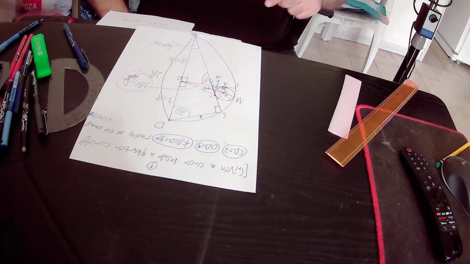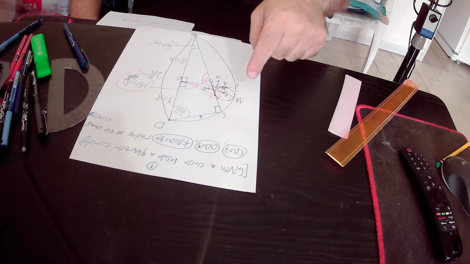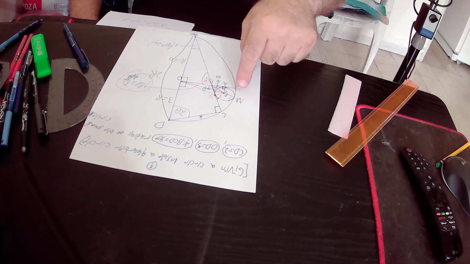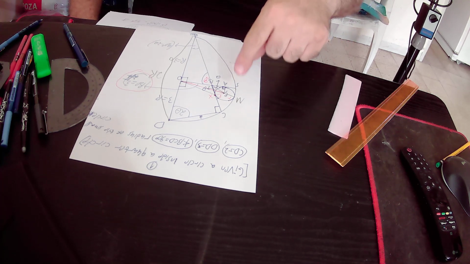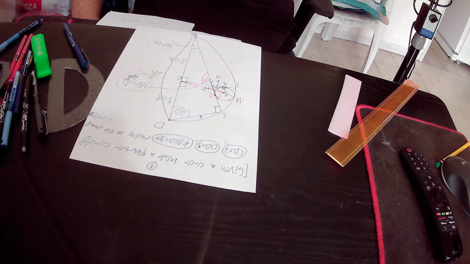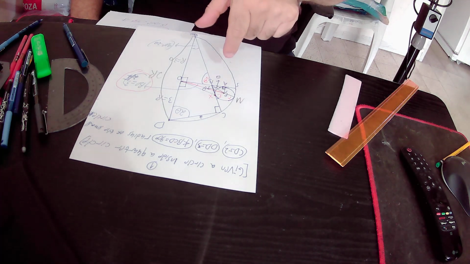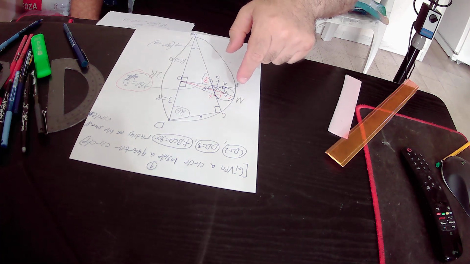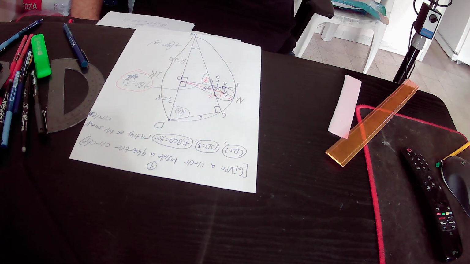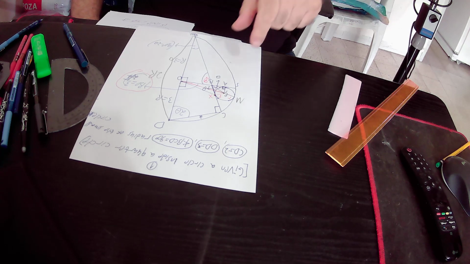Then we extended the hypotenuse OP until it touches the two circles at point M. Point M is the touching point between the small circle and the semicircle. And what is the size of MP?